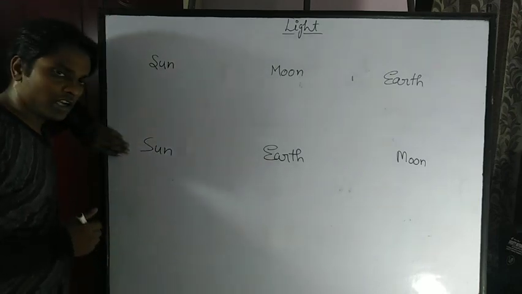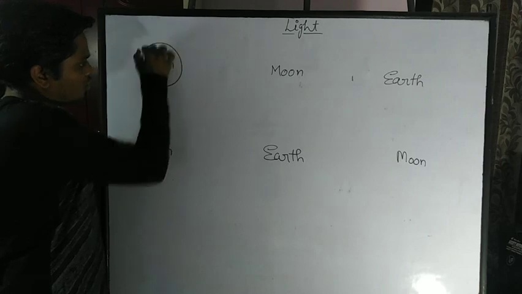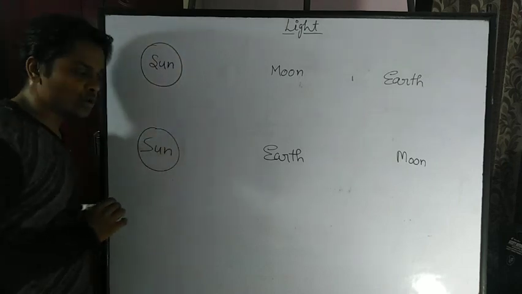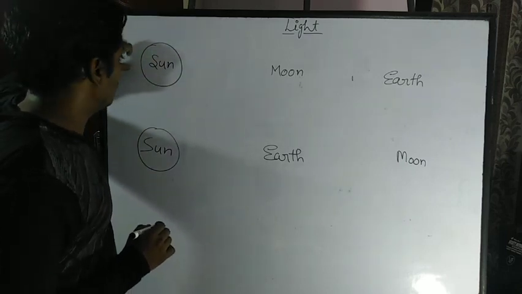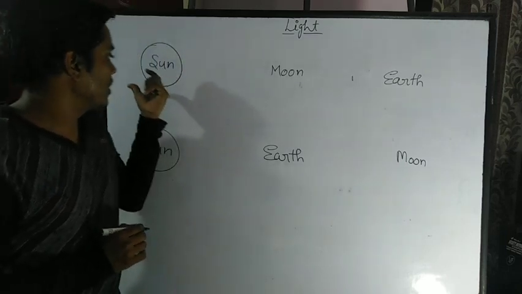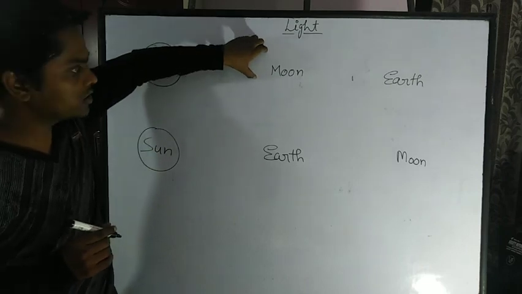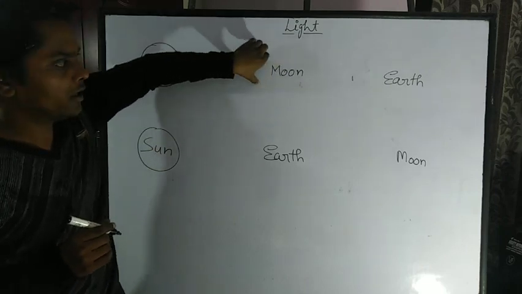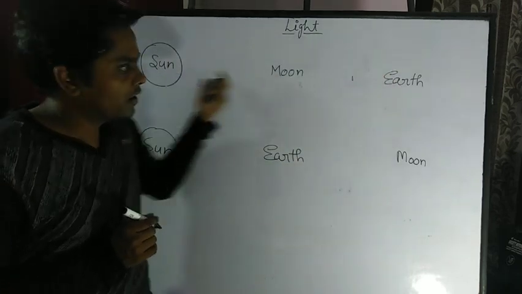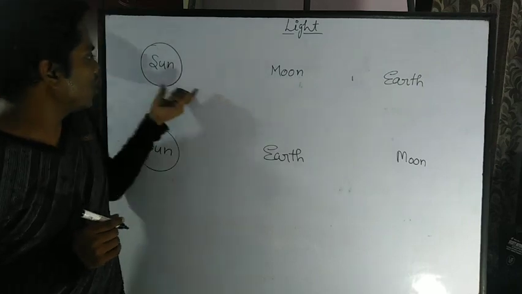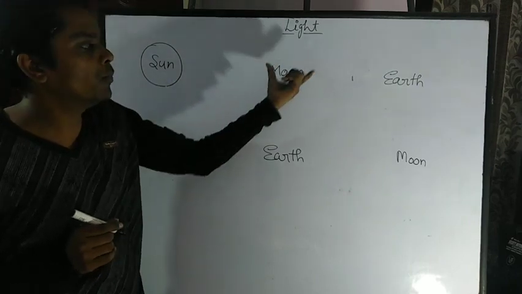Sun is the luminous body. When rays of light fall on the moon, then from the earth we are not able to see the sun. Why? Because of this moon.